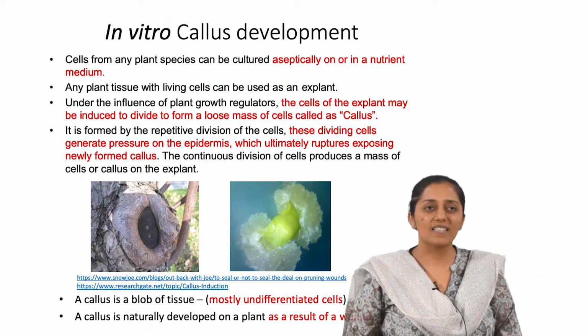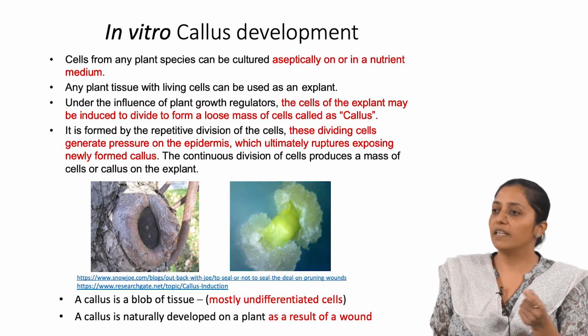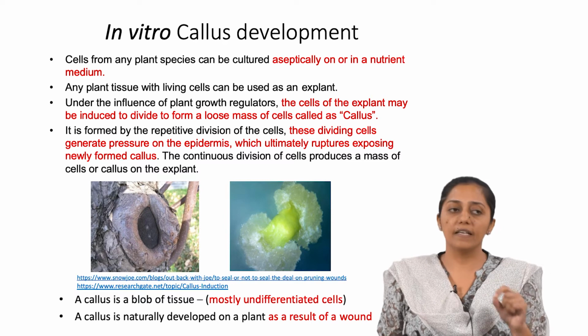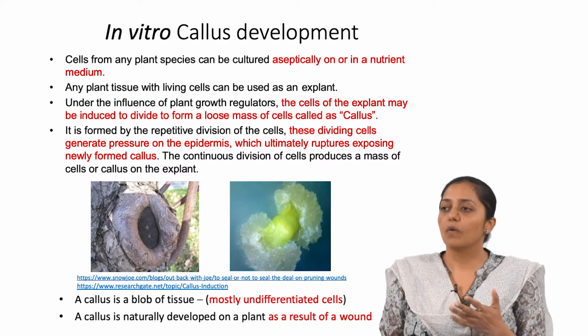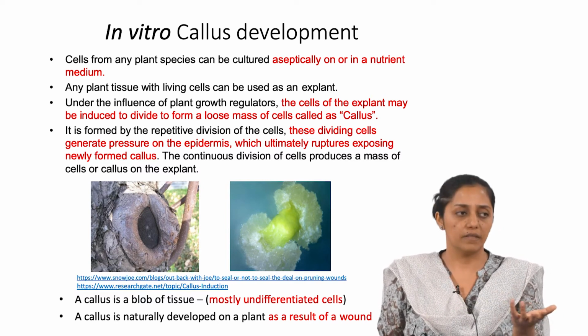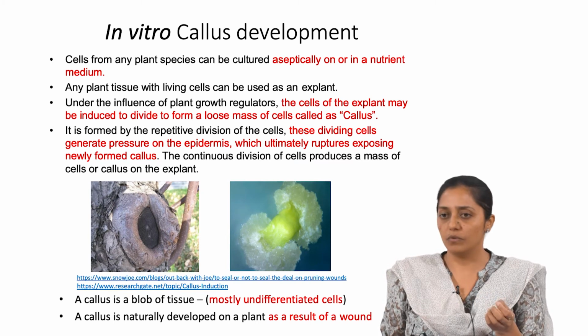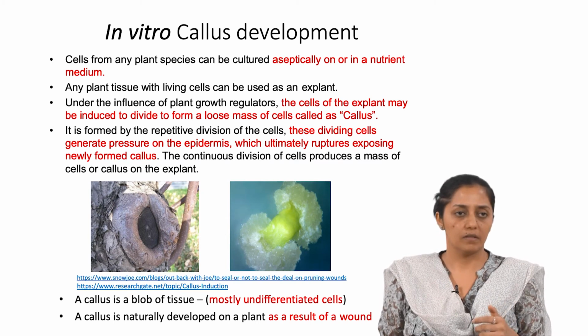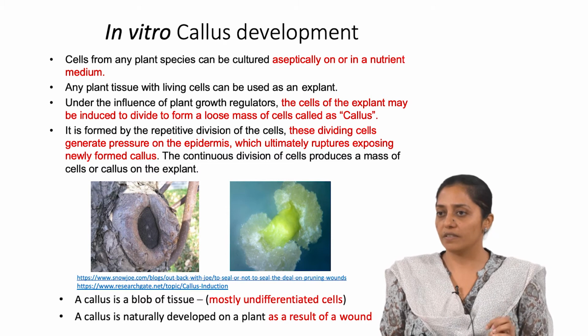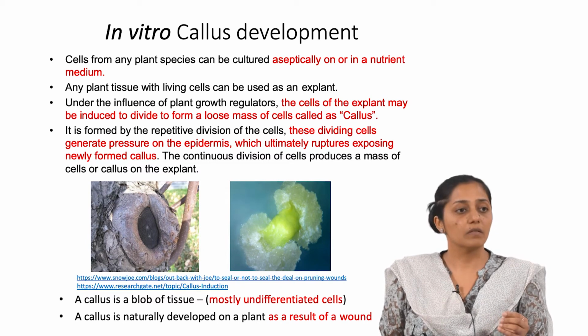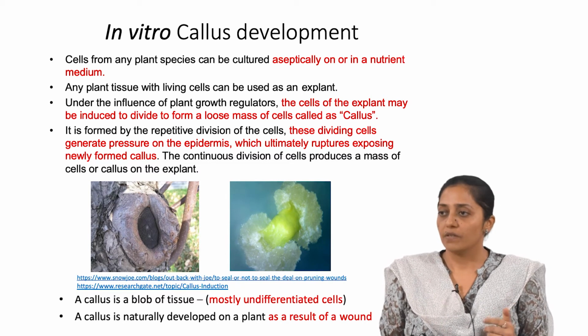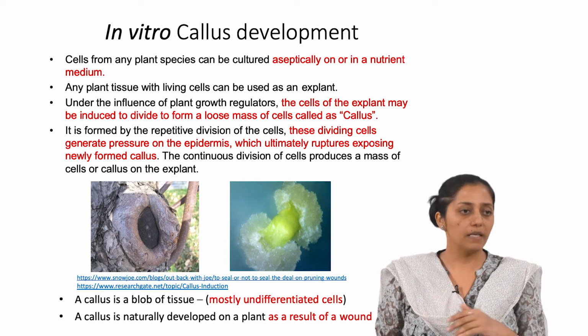Generally, when you take leaf explants and provide the right kind of medium, the question was, what do you think will become critical in that right kind of medium to reprogram the cells or to bring them to de-differentiated states? It is your hormones. Generally auxins and cytokinins, we will come to that.